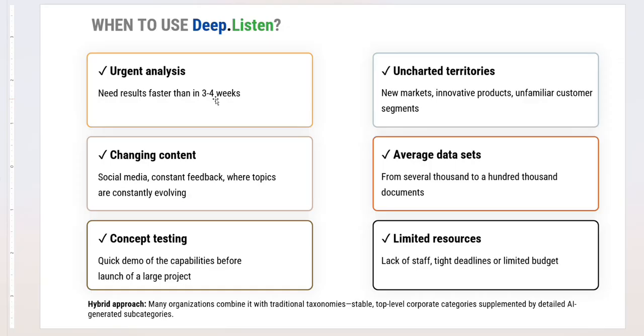So when you need the results faster than in 3-4 weeks, with Deep.Listen you can get them within a couple hours. If you include a human in the loop, it can take maybe a few days, but not 3-4 weeks. It is important when the content is changing, like with social media, where topics are evolving.